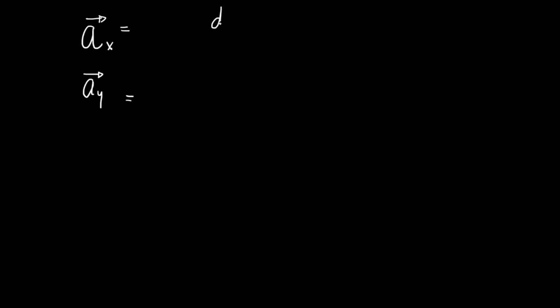It's dvx by dt, and we already know what vx is. What is vx? I think it's r omega, now it's not a constant, into minus sine theta.